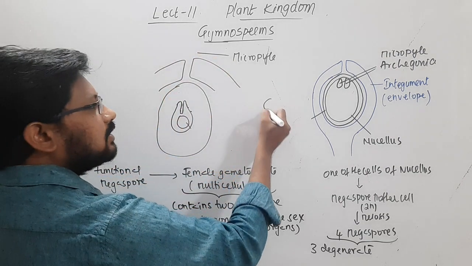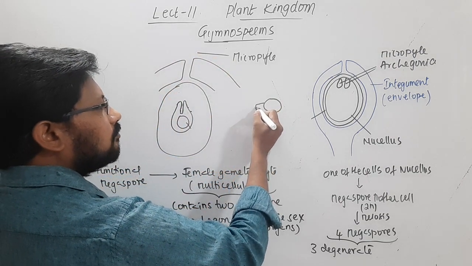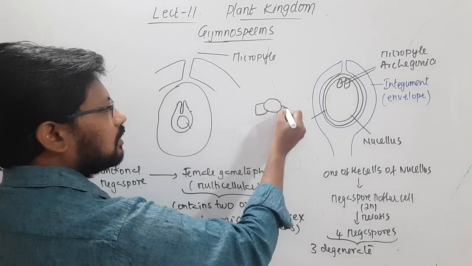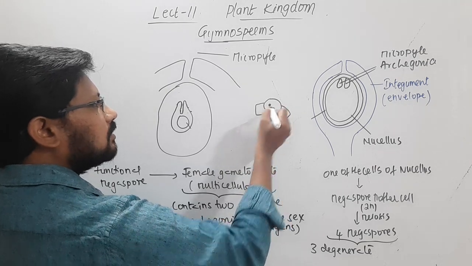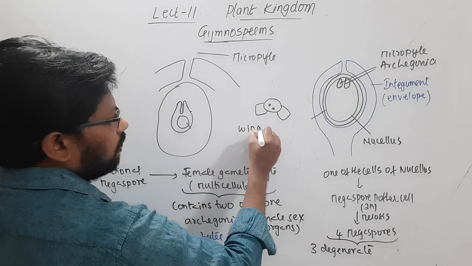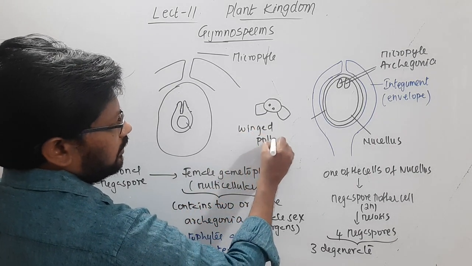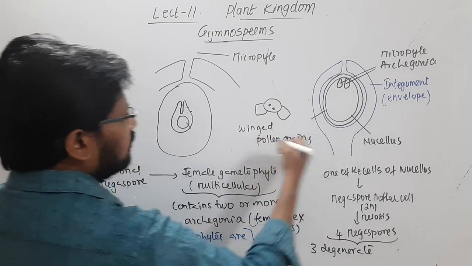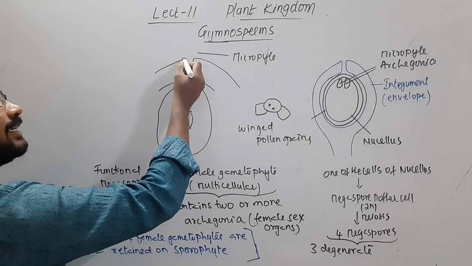The pollen grains are winged, this is how the pollen grain looks. The winged pollen grains come and settle.